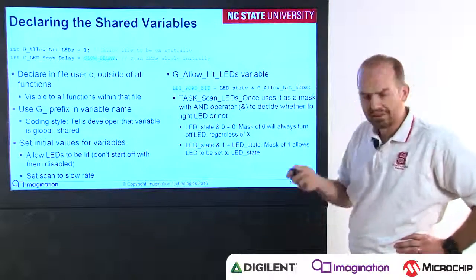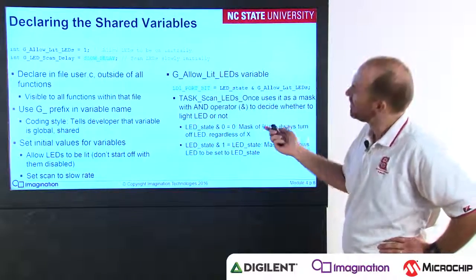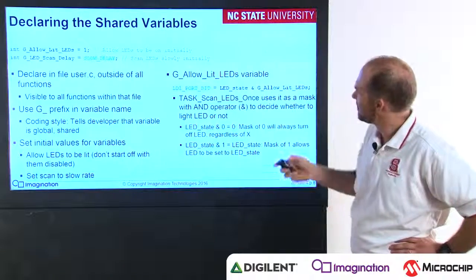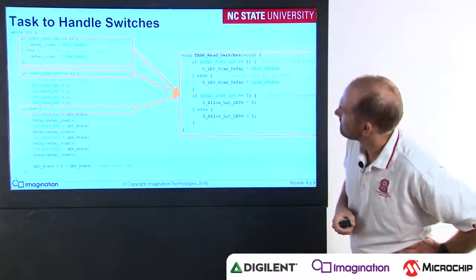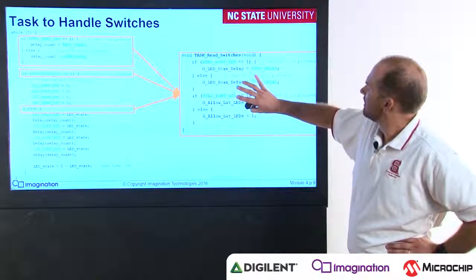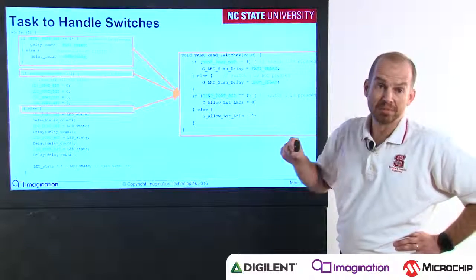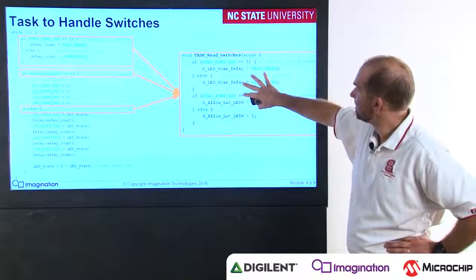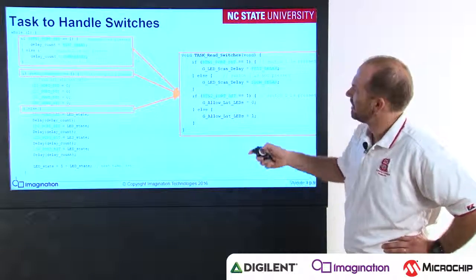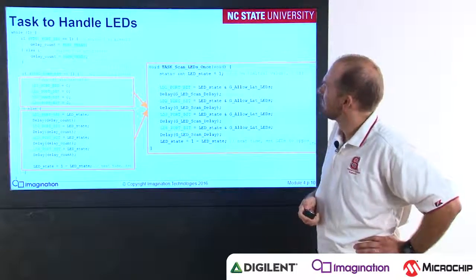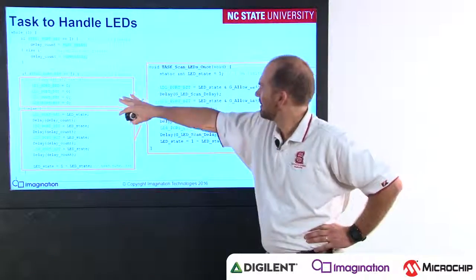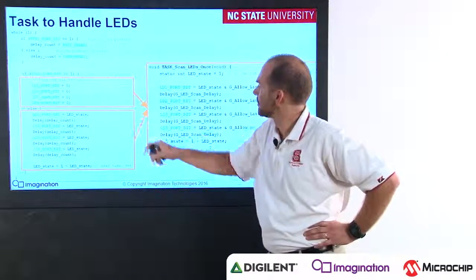And we explain concepts for declaring shared variables and how to use shared variables. And we show how to split the code up into multiple tasks. For example, task read switches gets the code from these sections. The task to handle the LEDs gets the code from these sections.